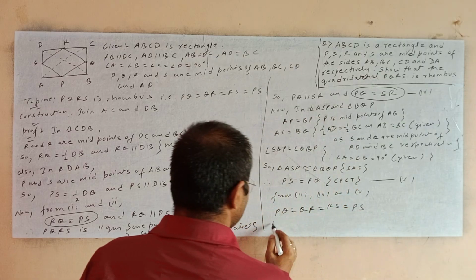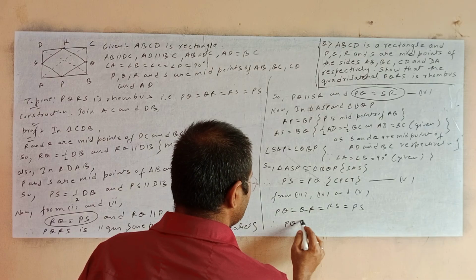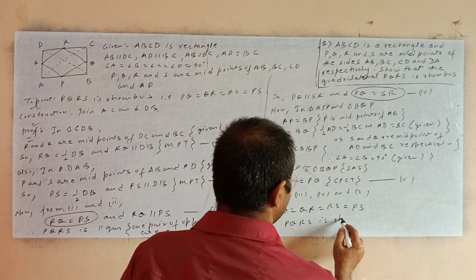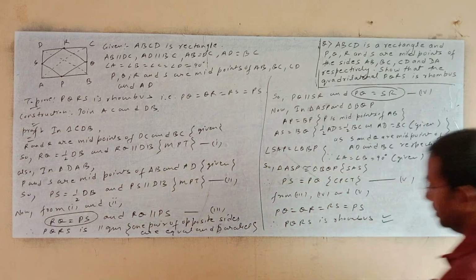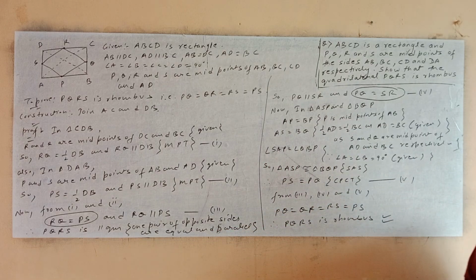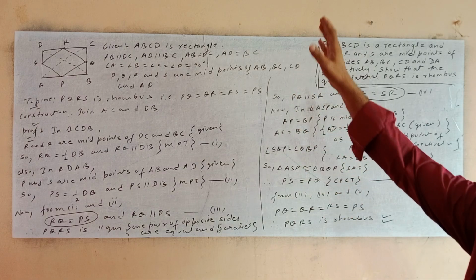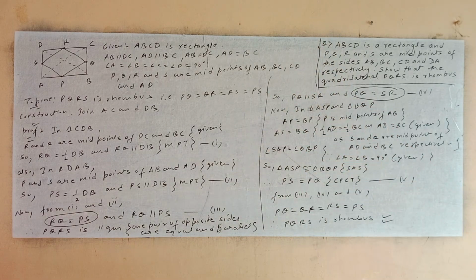Therefore, PQRS is a rhombus, and hence proved. In this way, you will prove the given condition. See how you will write the solution from here to here.